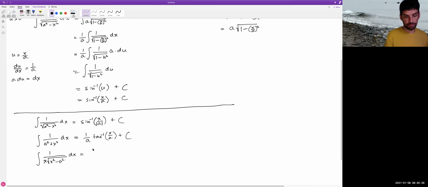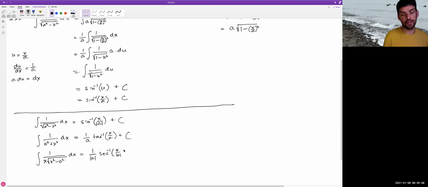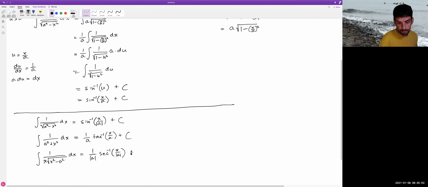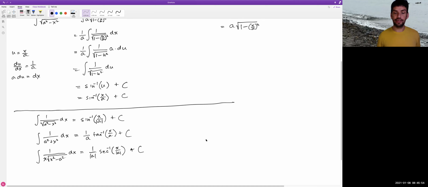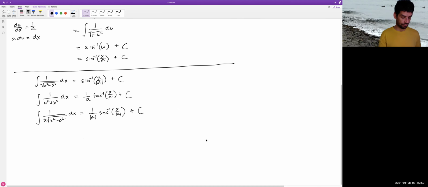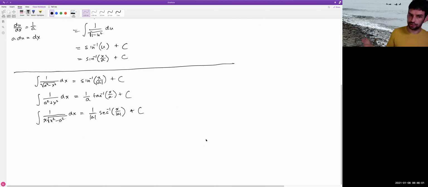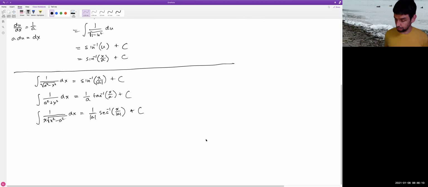And this one turns out to be 1 over the absolute value of a secant inverse of x over the absolute value of a plus c. Okay, so you can work those ones out in a similar way as what we did in the beginning of this video to derive those rules. They all work by starting with the derivative we know and then generalizing with usually some substitution.